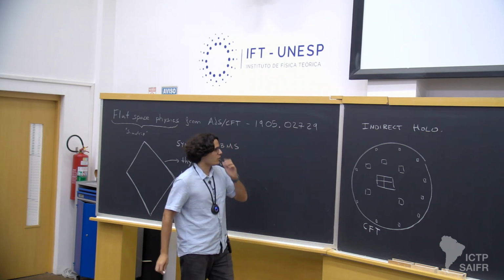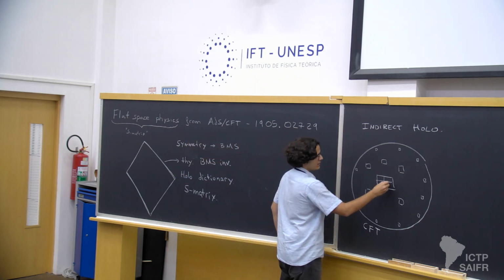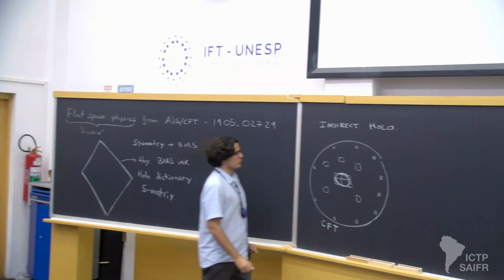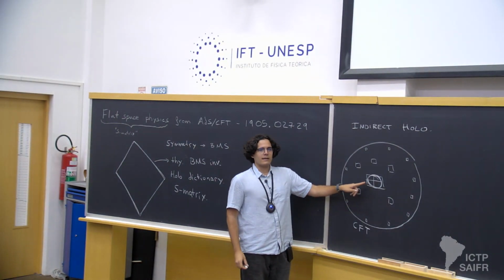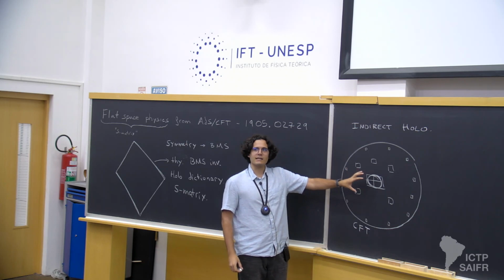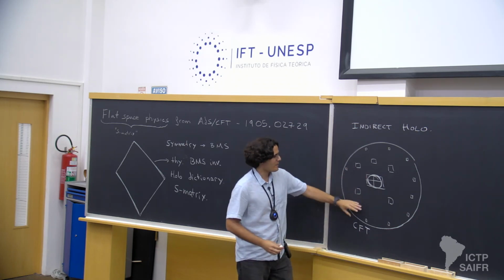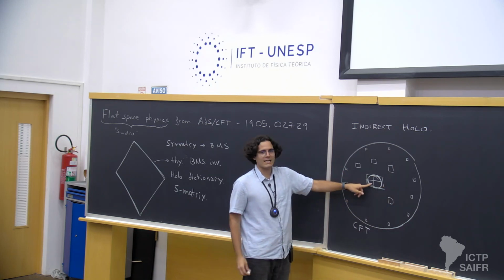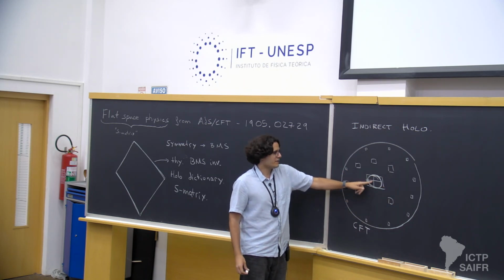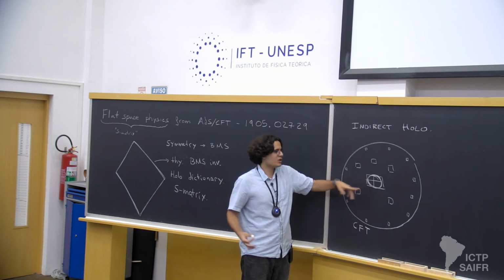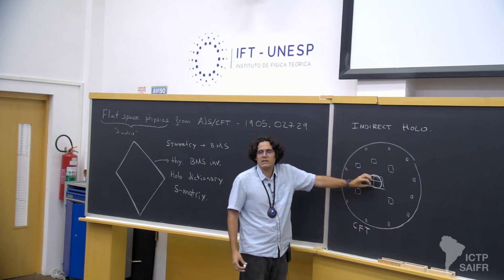And now imagine the following. Imagine that we have a physicist that lives somewhere here, some kind of being that studies physics somewhere there, but this person does not have access to the physics above the AdS length scale. So whatever happens around here, this physicist has no access to it. If this physicist does some experiment here, he will basically experience flat spacetime physics because effectively speaking, the spacetime here is flat.